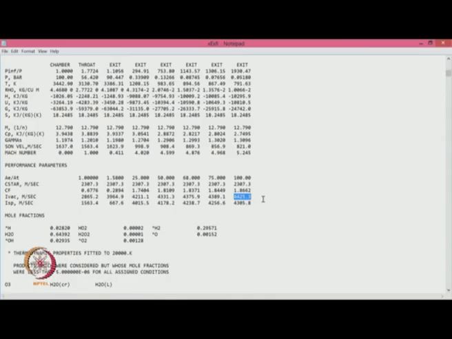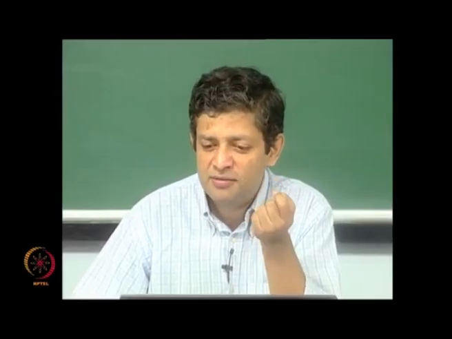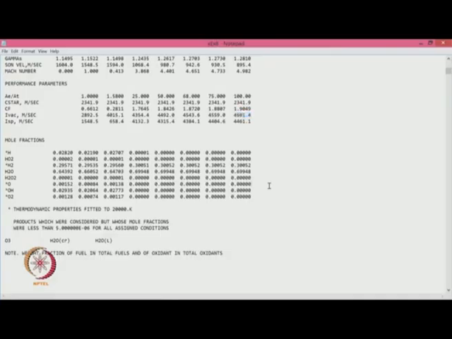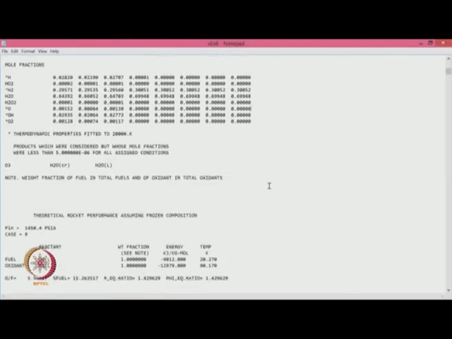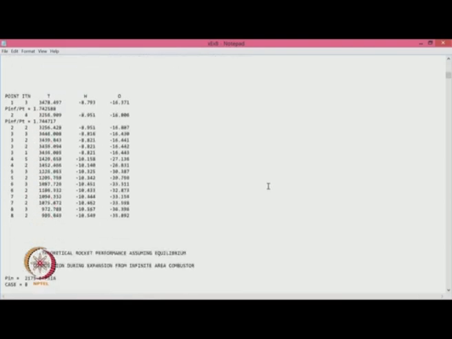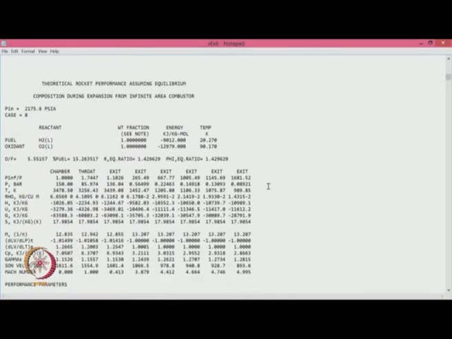So, it is very clear that the actual one will probably lie between 4425 to 4600. So, the actual ISP that we get will be somewhere between this. This was for 5.55 O by F.